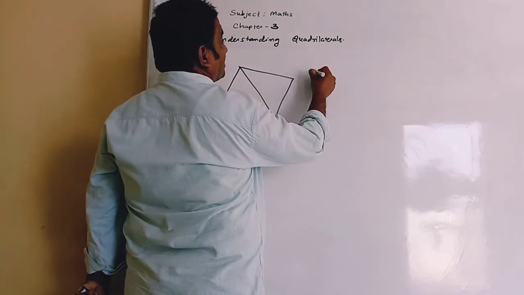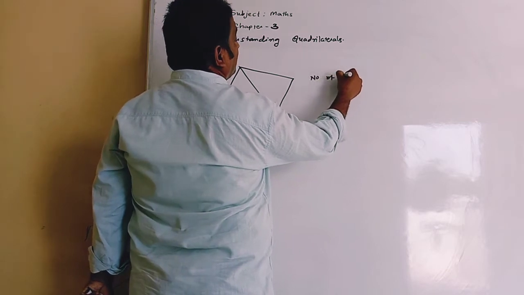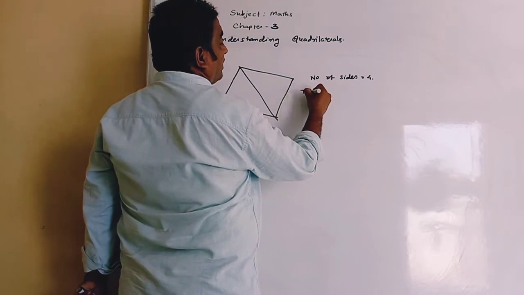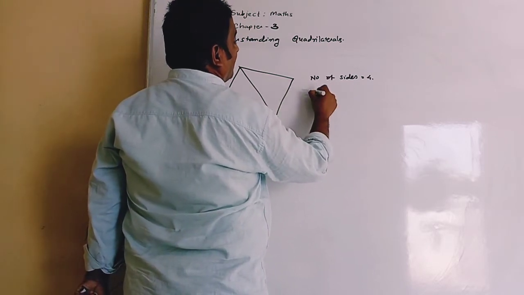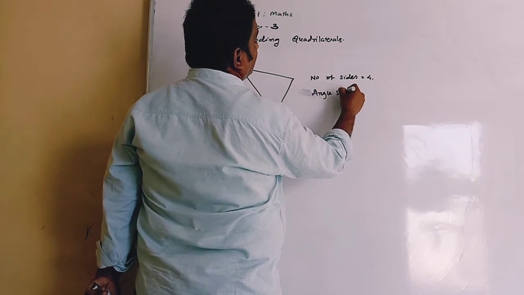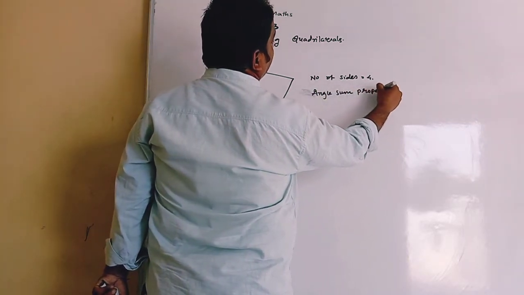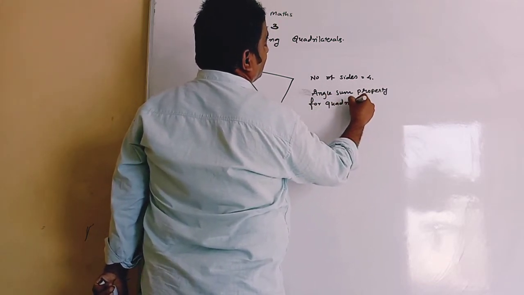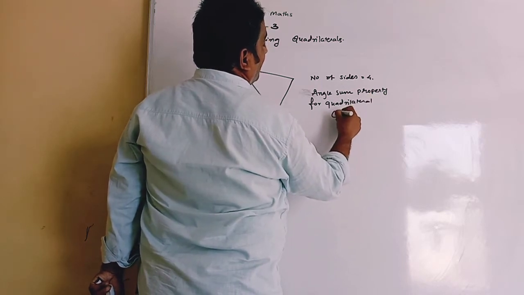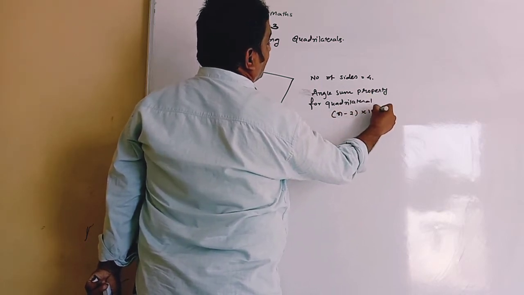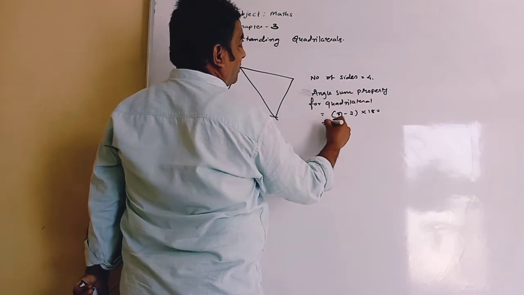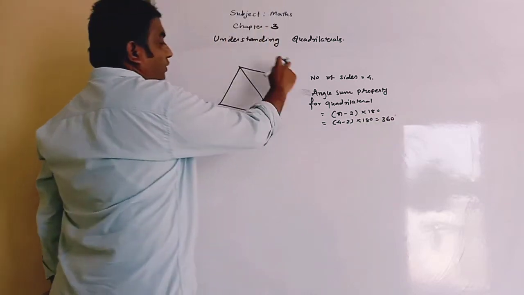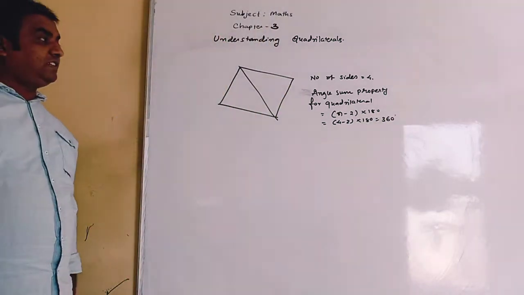The number of sides of the convex quadrilateral equals 4, and so the angle sum property for a quadrilateral will be n minus 2 into 180. Here n is the number of sides, 4 minus 2 into 180, it will be 360, and so all the 4 angles addition will be 360.